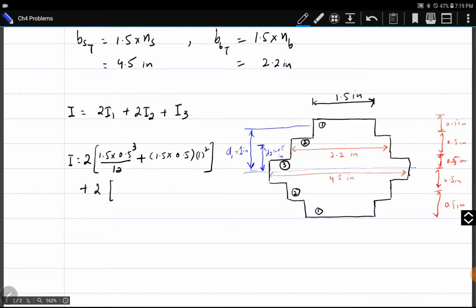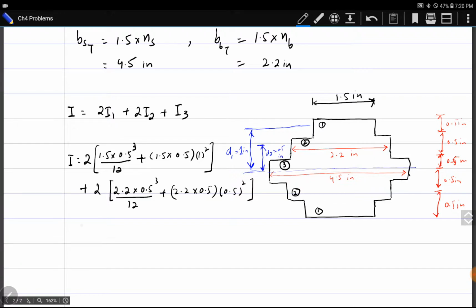Section 2 has a width of 2.25, height is 0.5, divided by 12 plus area of section 2, which is 2.25 into 0.5. D of section 2 is 0.5.